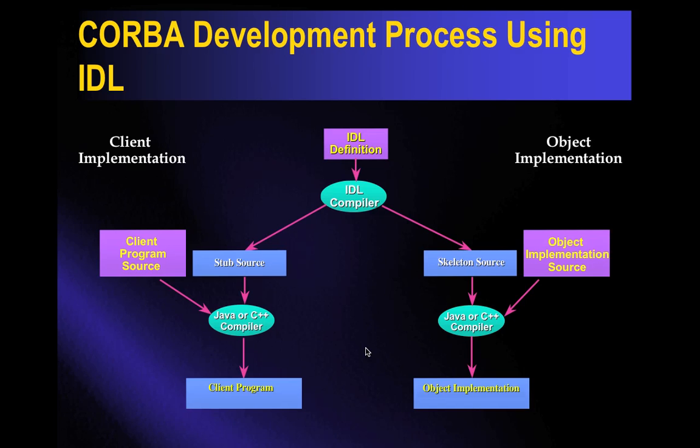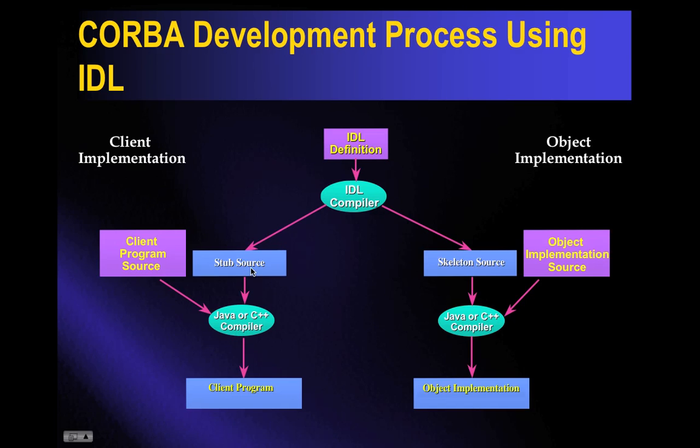So the CORBA development process using the IDL. We have the client implementation, and the object implementation over here. It's not really referred to as a server, but rather the object, because it doesn't matter where it resides. The definition, and then we have the program structure in Java or C++.